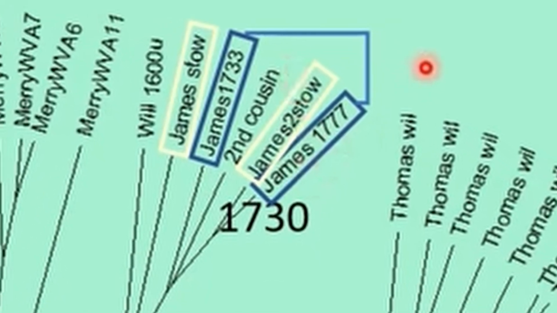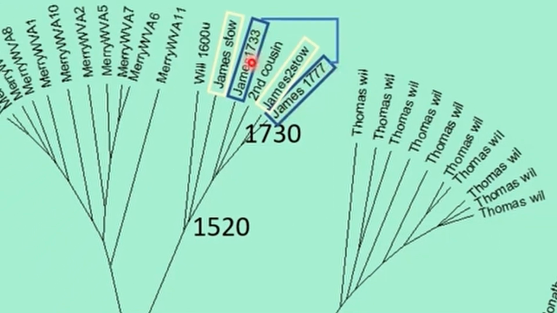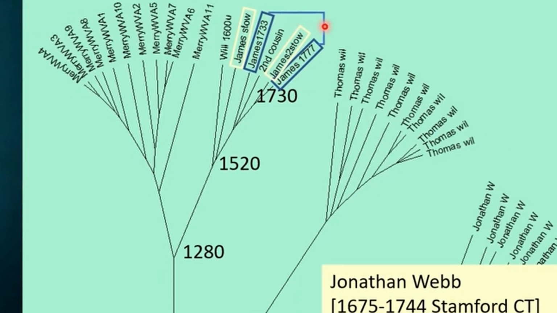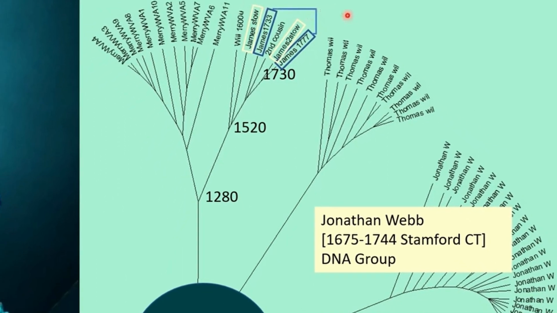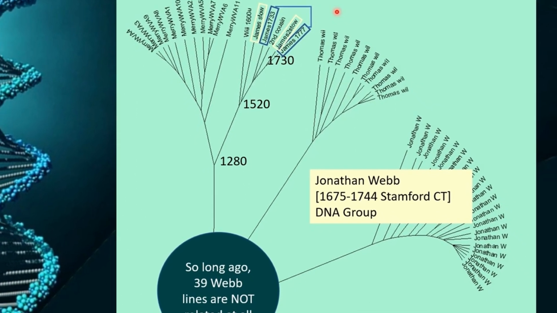I'll just tell you what it is. It's hard to see, but my DNA is right here. The DNA from Joshua is here. So close together, it's a high probability. We're very, very closely related.